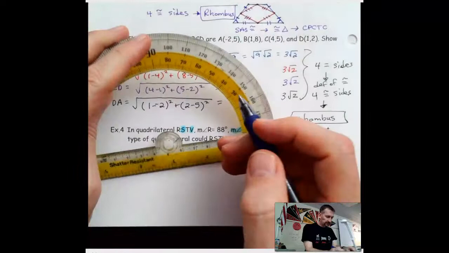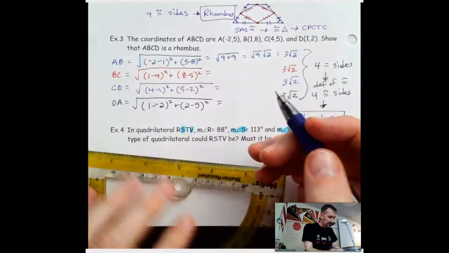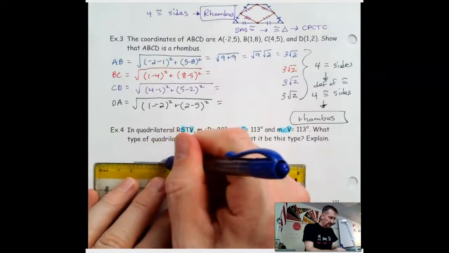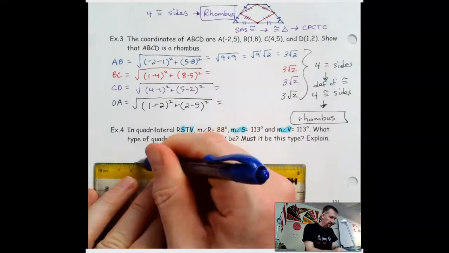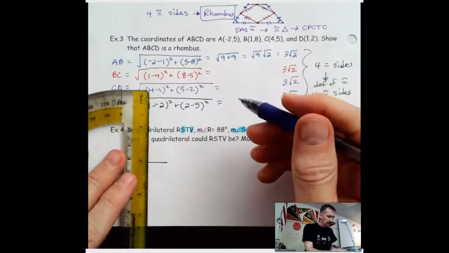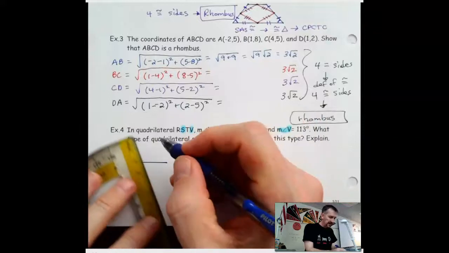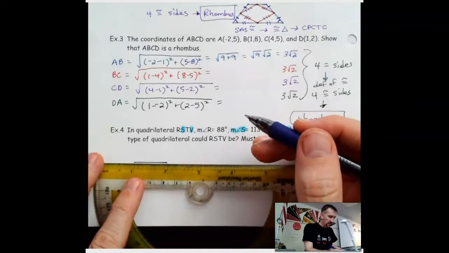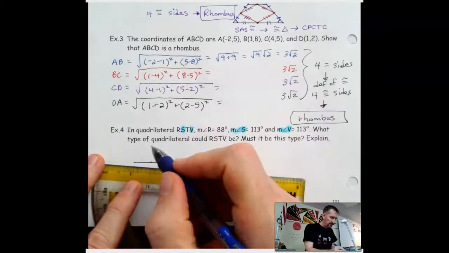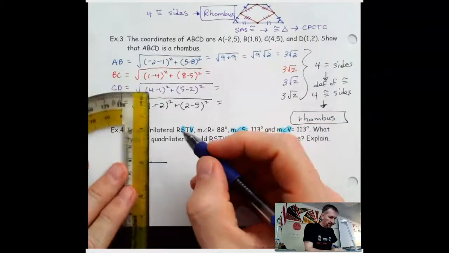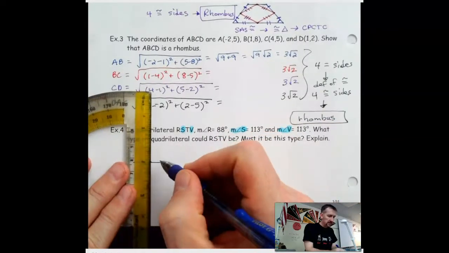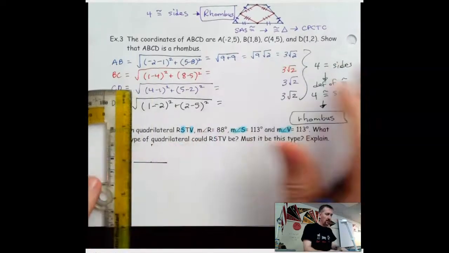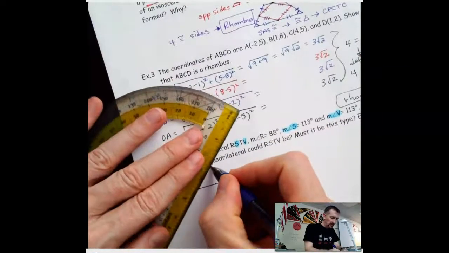So let's find out. So I'm going to start with R on top here, and that's about 88 degrees. So if I do this, that would be 90, so a little bit more than that.